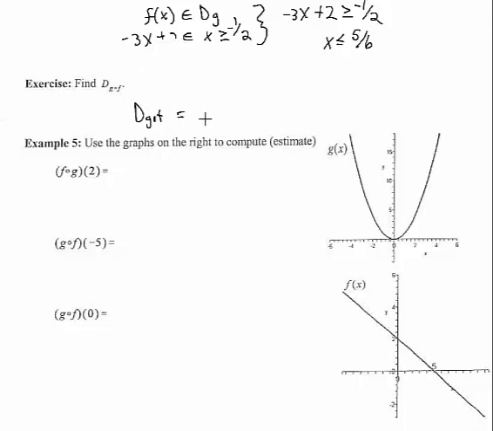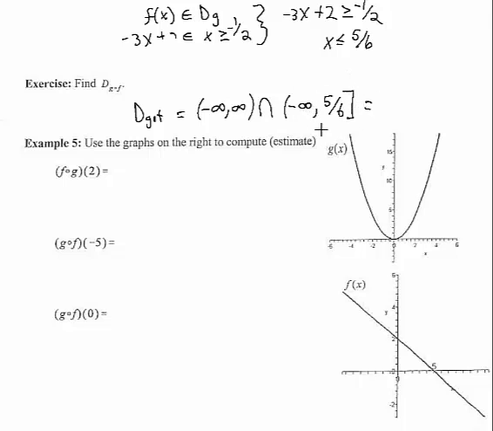We write the domain of f, which is all real numbers, intersection the domain of x such that f of x is in the domain of g, and that gave us this inequality. And so we have x is less than or equal to 5/6, so from negative infinity to 5/6 with a bracket.